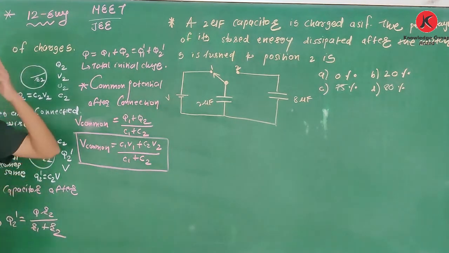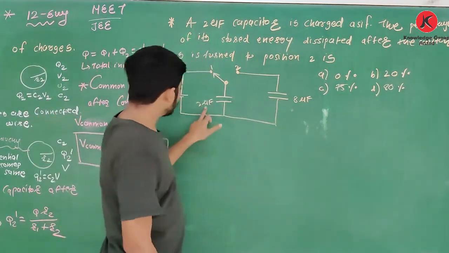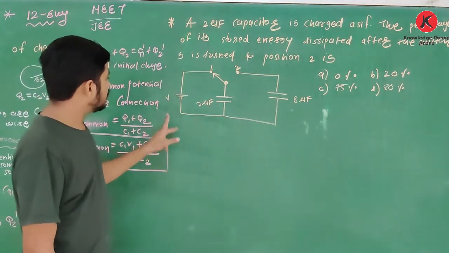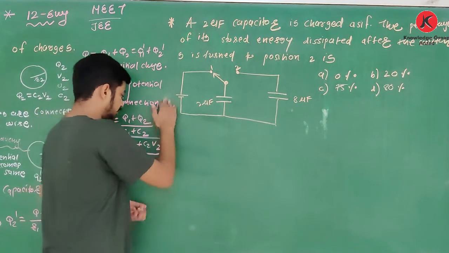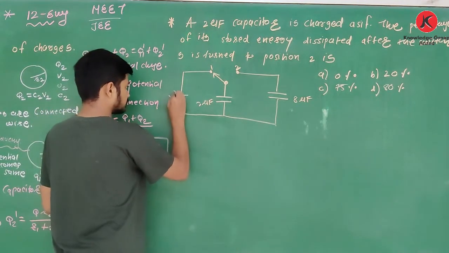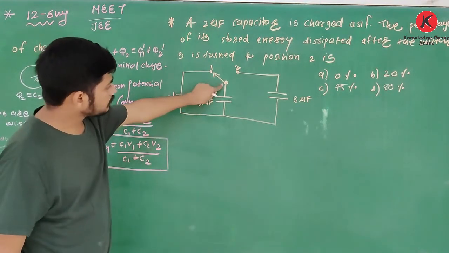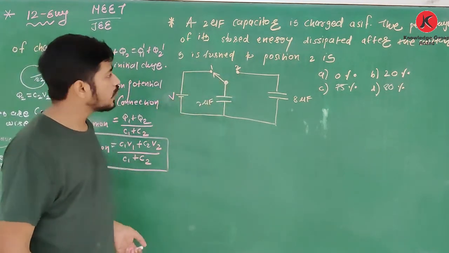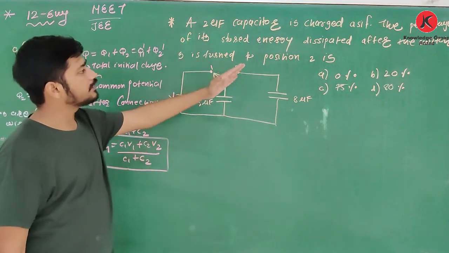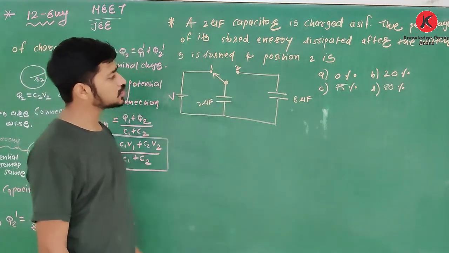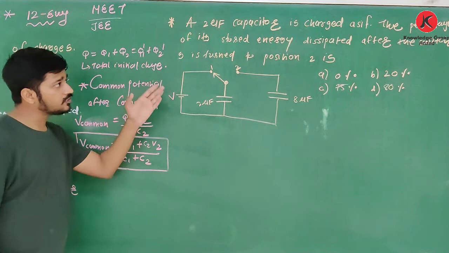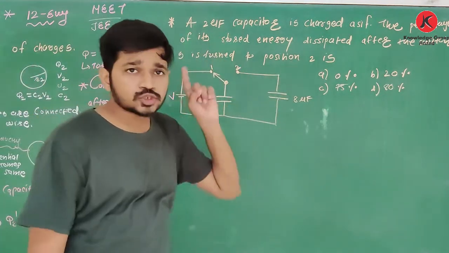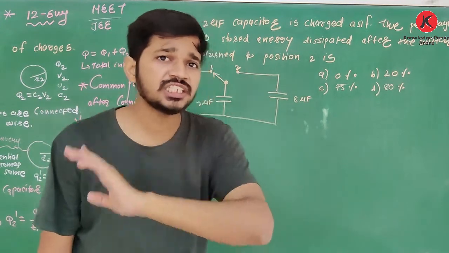You are given two capacitors, 2 microfarad and 8 microfarad, with voltage V. This switch is initially open. You have to find, if the switch is turned to position 2, the percentage change in energy.